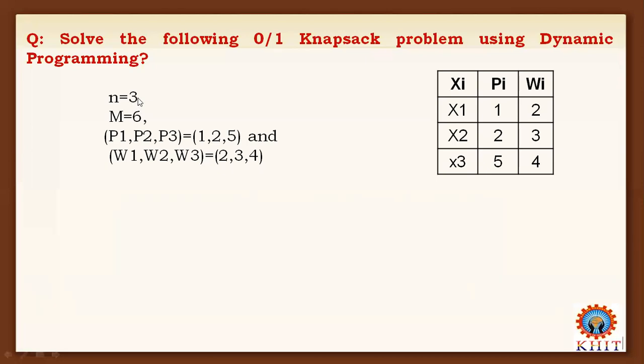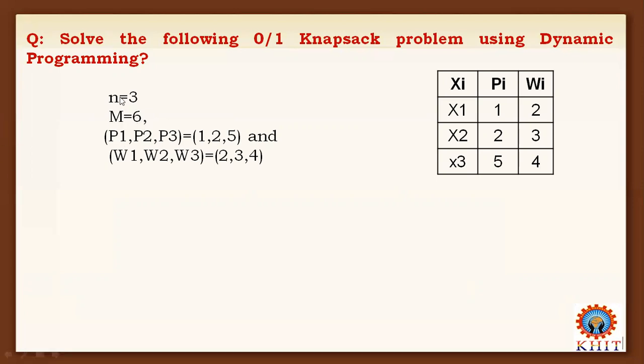Three will indicate the total number of items we need to consider here. And M is also given. M means the knapsack capacity. The maximum capacity of the knapsack is specified with the keyword M, that is 6, which means we can assume 6 kgs.